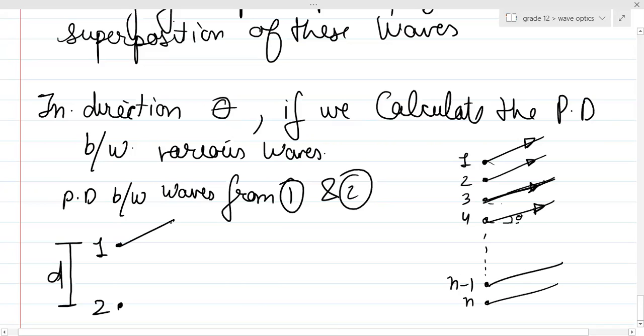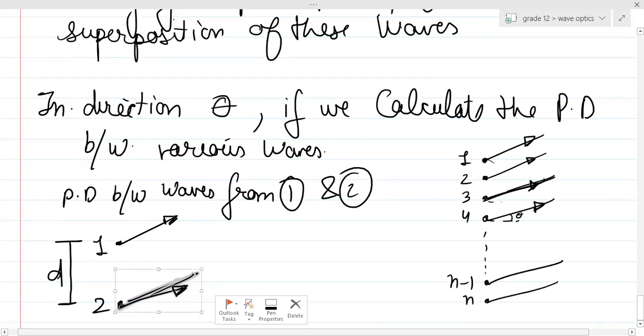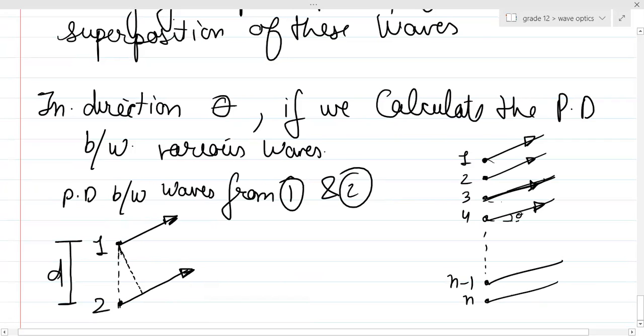And if I am assuming this angle to be theta, these are the two waves. So can I draw a perpendicular from 1 to 2? Guys, can I do this? Can I drop a perpendicular from 1 on 2? Yes or no?